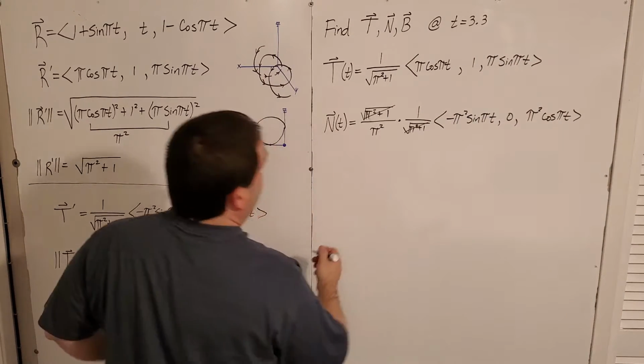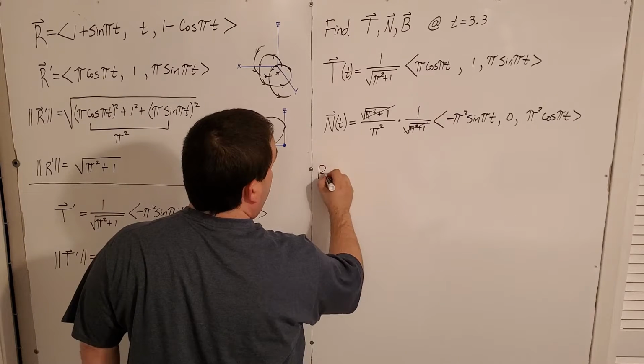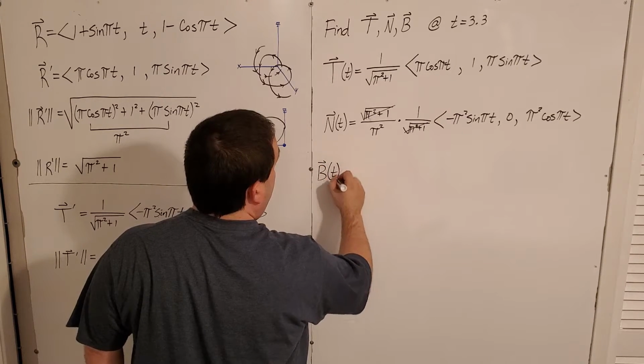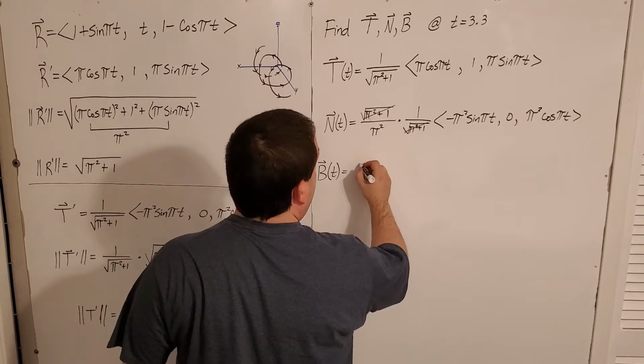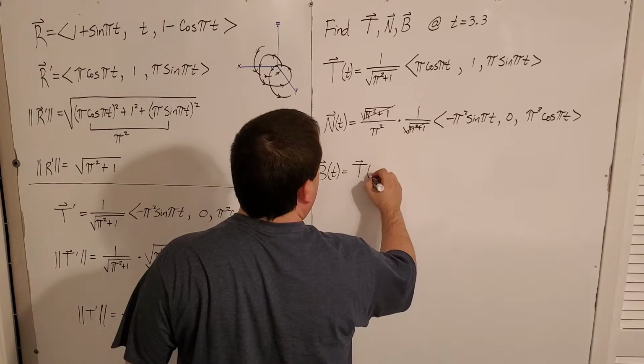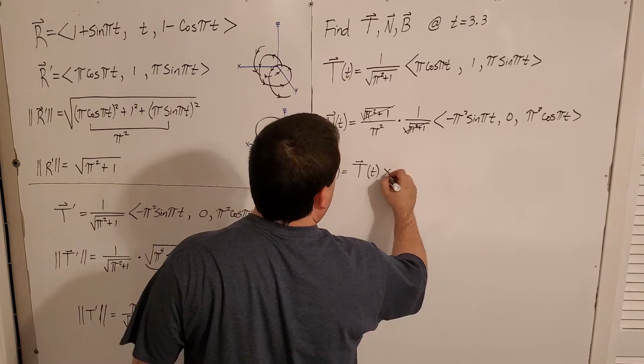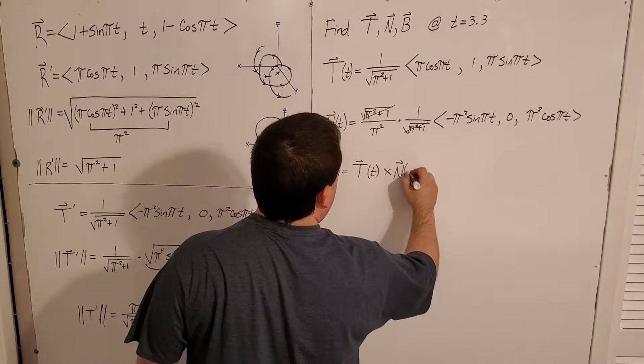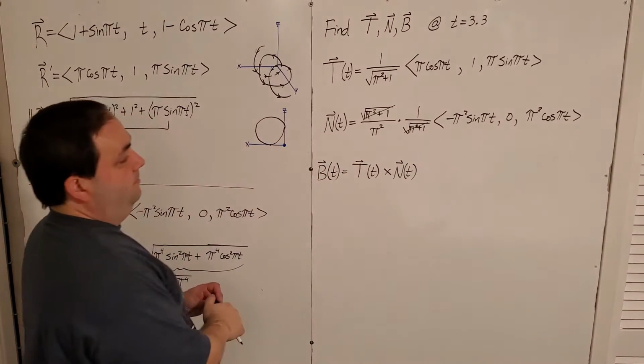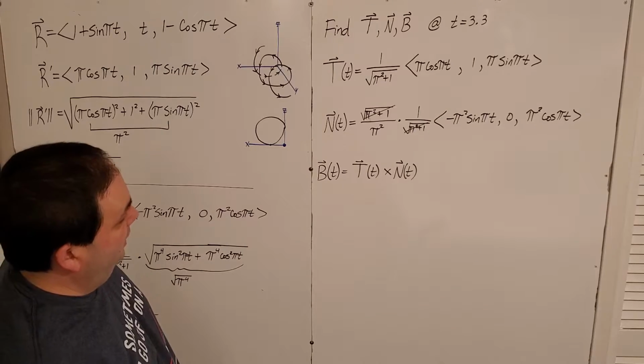So to finish out for B, I just need to cross them. Like this. Okay.